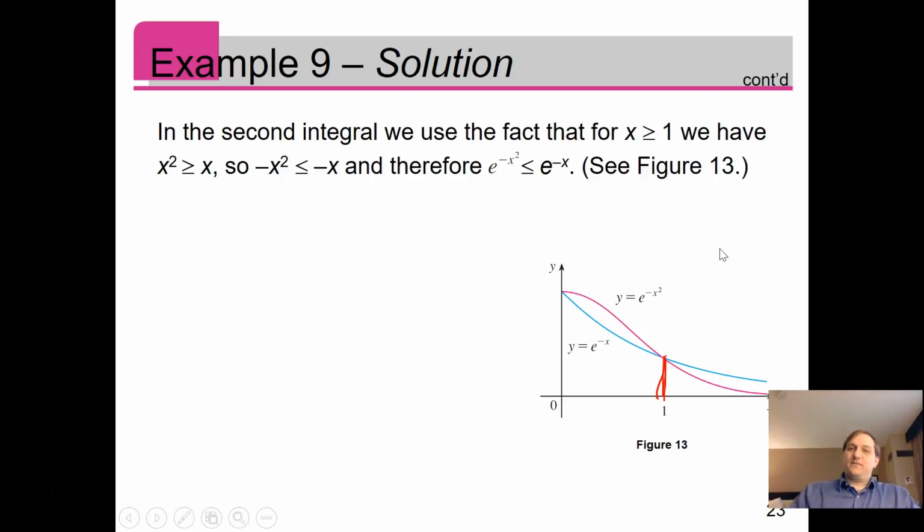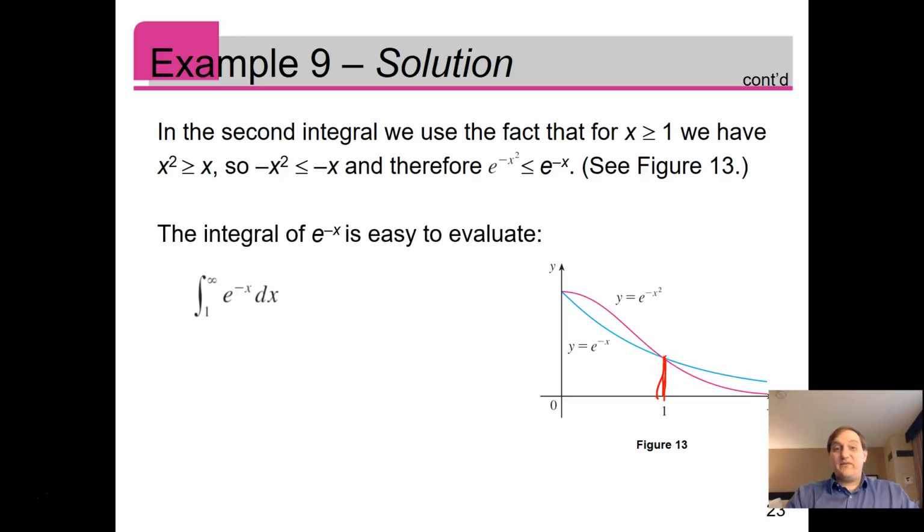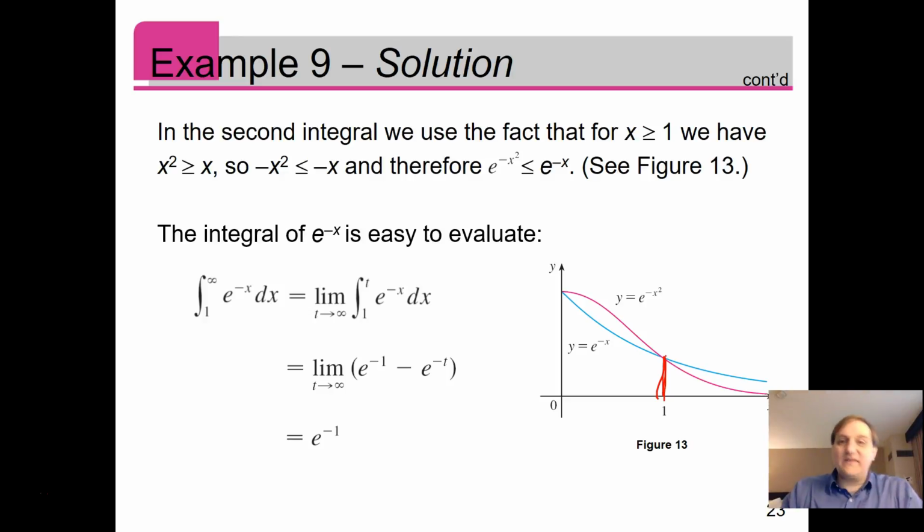All right, so we see that right there, and they did a little proof of it. We know how to evaluate the integral of e to the negative x, and we get that it's a finite value. So we do the improper integral, and it's convergent.